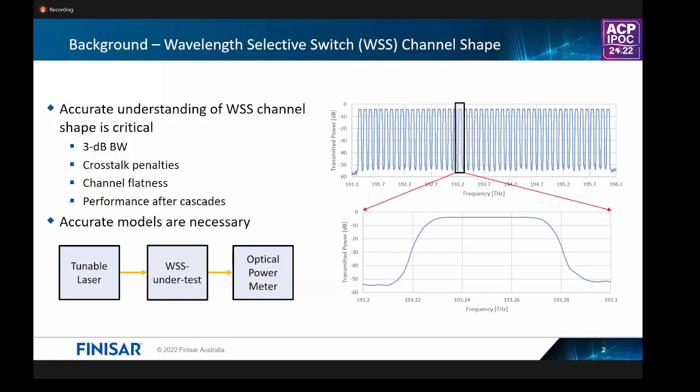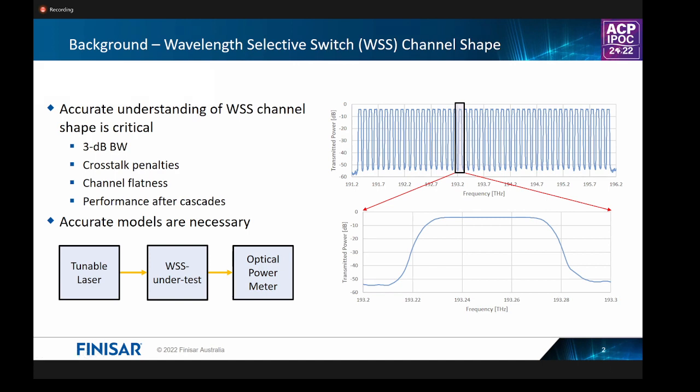To give you an idea about what our work was about, what I'm showing here is a measurement of 48 WSS channels in a WDM system with a bandwidth of 50 gigahertz. This measurement on the top is essentially an insertion loss measurement.